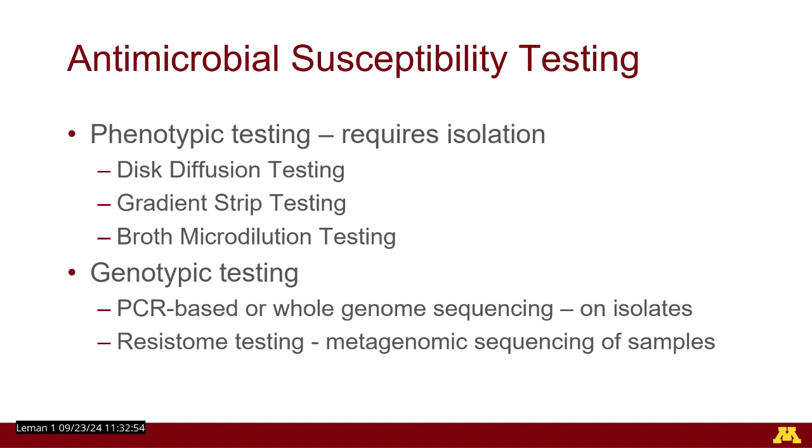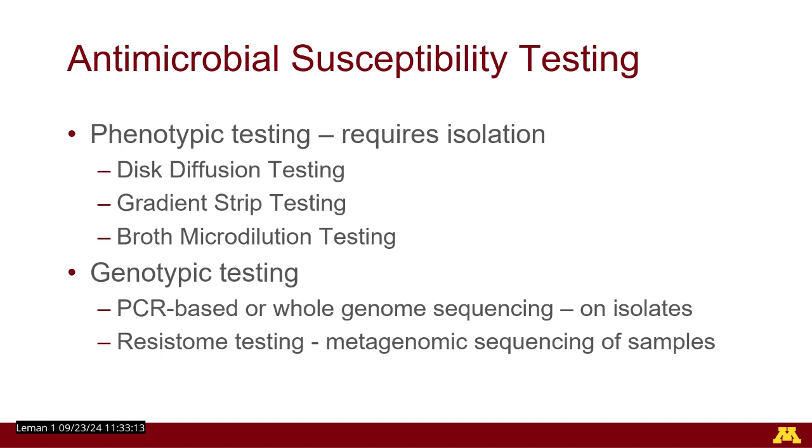So you can do that with genotypic characterization. Typically that's done either using PCRs targeting known resistance genes, or you could potentially do whole genome sequencing and look for those same resistance genes. Typically this is being done on isolates, so you still need to grow the bug.